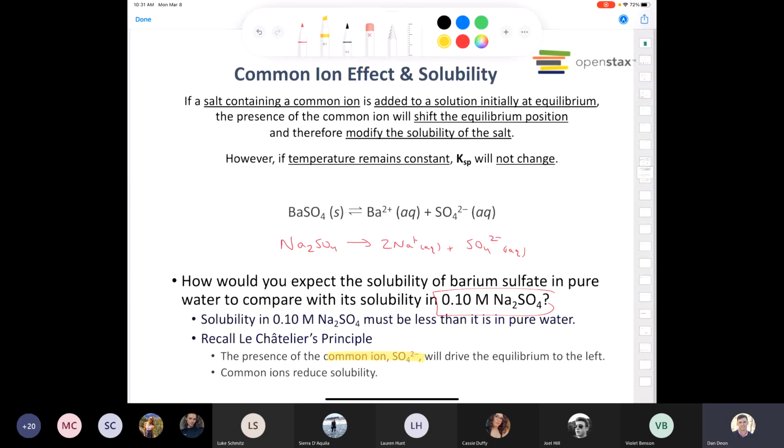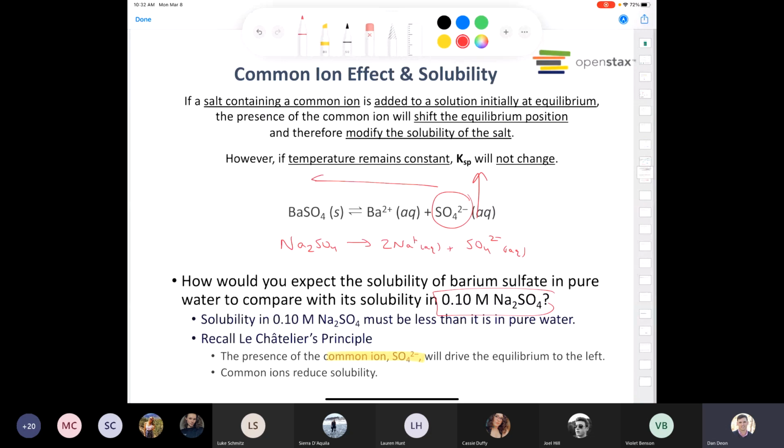If I throw a bunch of sodium sulfate into this barium sulfate at equilibrium, what's it going to do? Am I adding more salt? Right, it's going to increase. So you're going to jack up the concentration of sulfate ions.